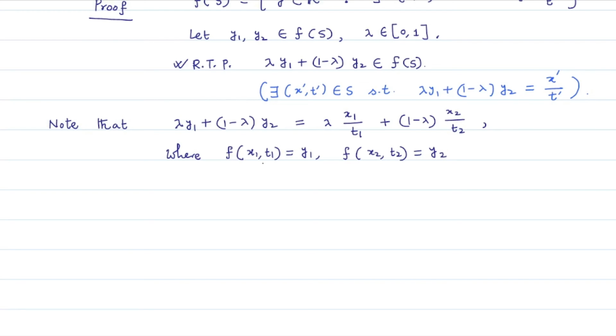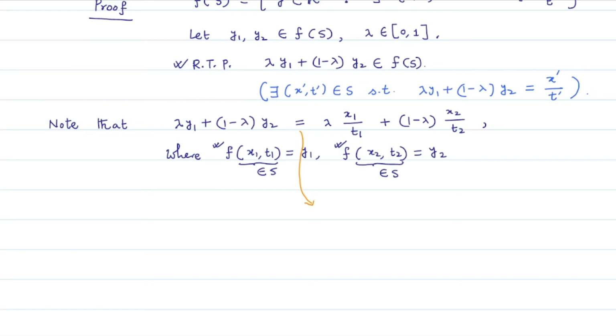Existence of this (x1, t1) and (x2, t2) is possible because these y1 and y2 are elements from the set F(S). So there exist (x1, t1) inside the set S and (x2, t2) inside the set S, for which these two equations, f(x1, t1) is equal to y1 and f(x2, t2) is equal to y2, are valid.